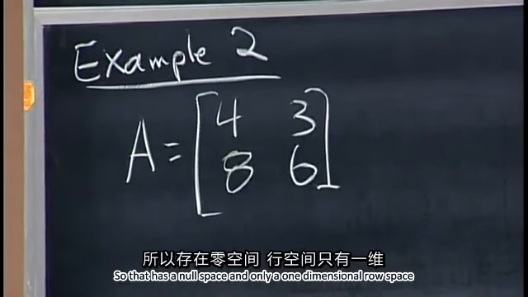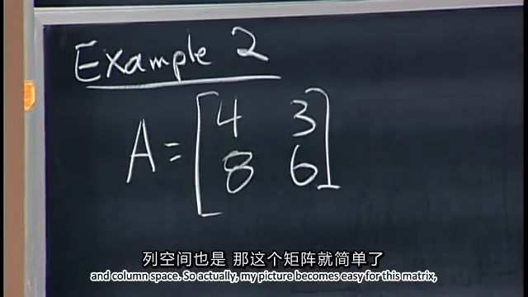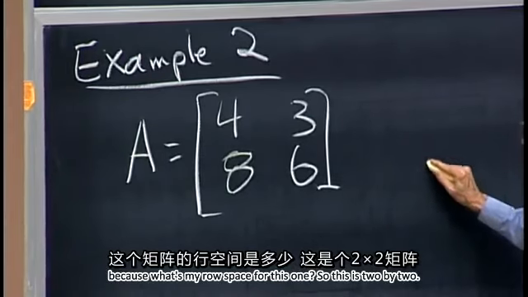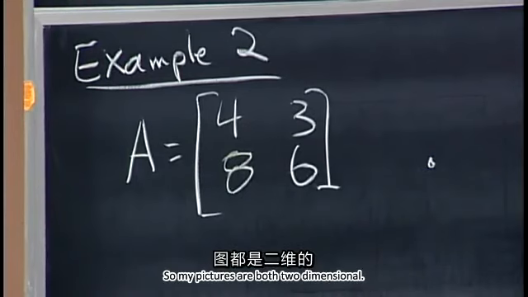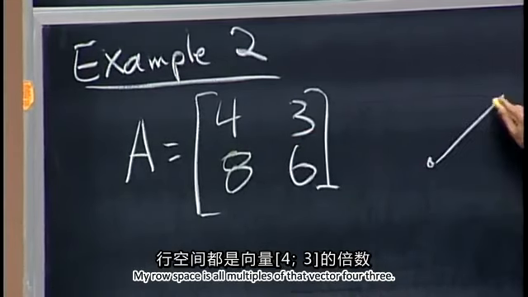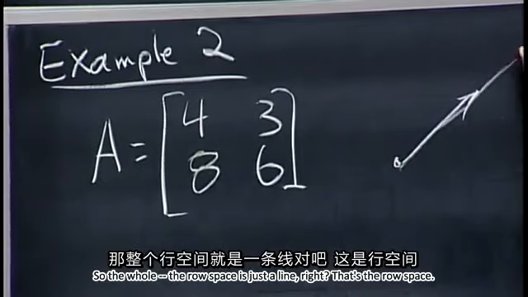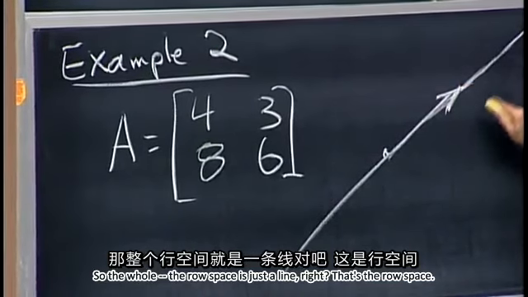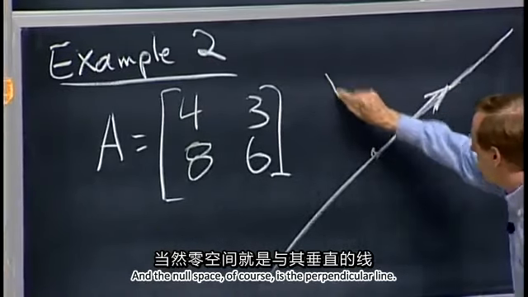So that has a null space and only a one-dimensional row space and column space. So actually, my picture becomes easy for this matrix because what's my row space for this one? So this is 2 by 2. So my pictures are both two-dimensional. My row space is all multiples of that vector 4, 3. So the row space is just a line, right? That's the row space. And the null space, of course, is the perpendicular line.